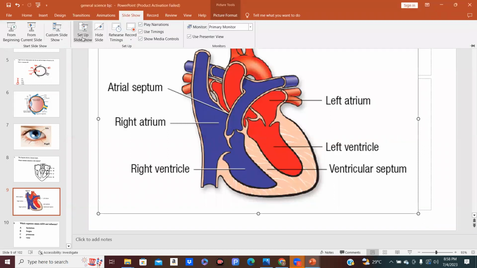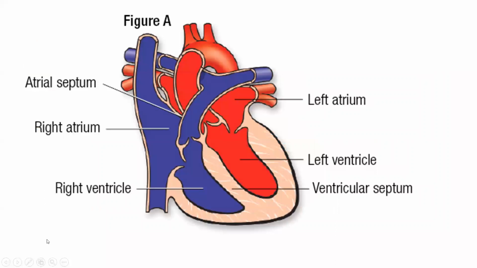If we look carefully, all of this is the septum. Okay, that's the septum. It separates the heart. That's the job of the septum. All this right now, that's the ventricular septum. The job of the septum is to separate oxygenated blood from deoxygenated blood.